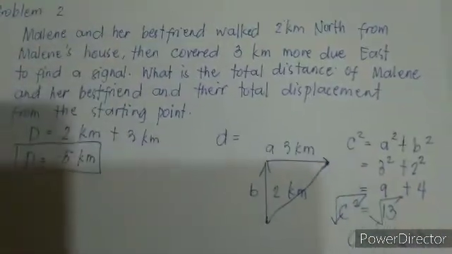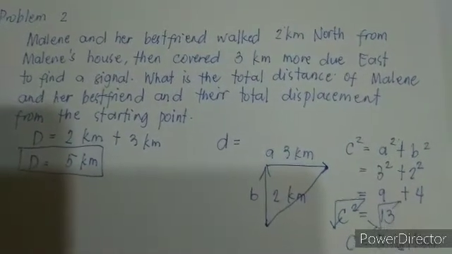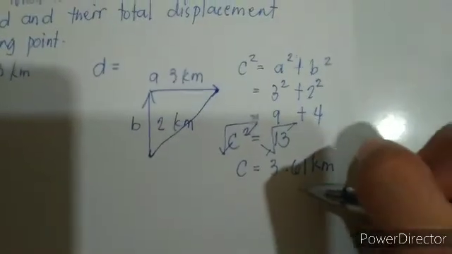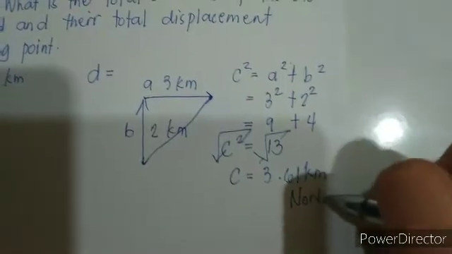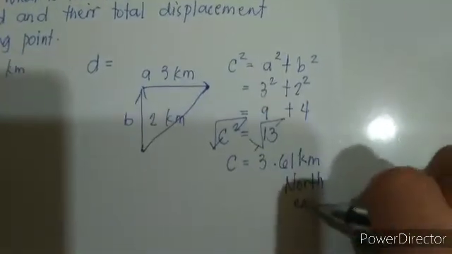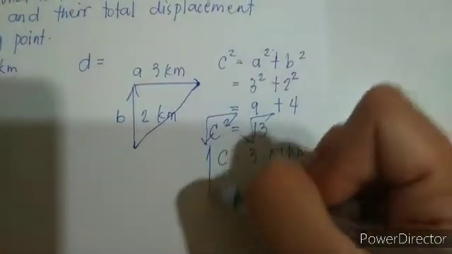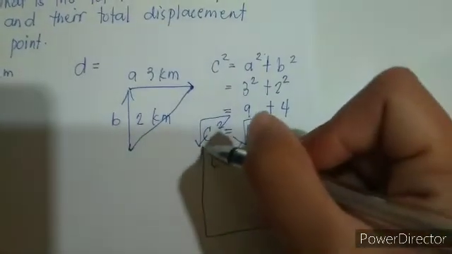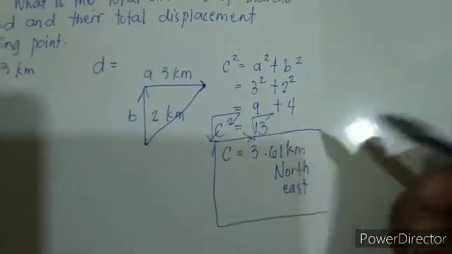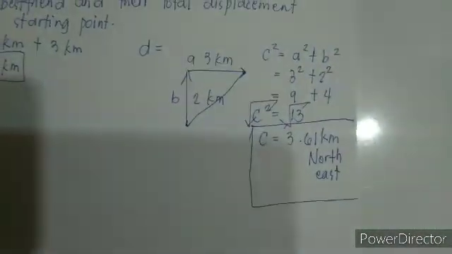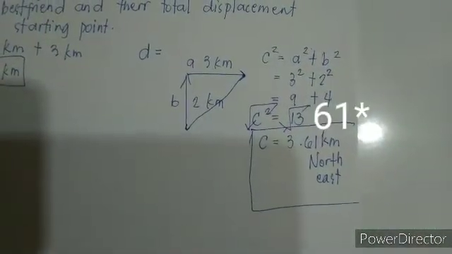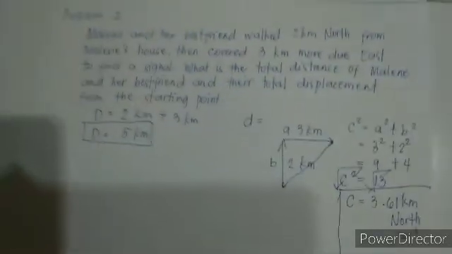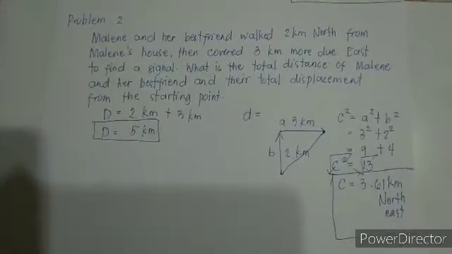The direction, guys, is from north to east. So let's have here north, east. The total displacement of Malin and her best friend is 3.6 kilometers northeast. So that's problem number 2.